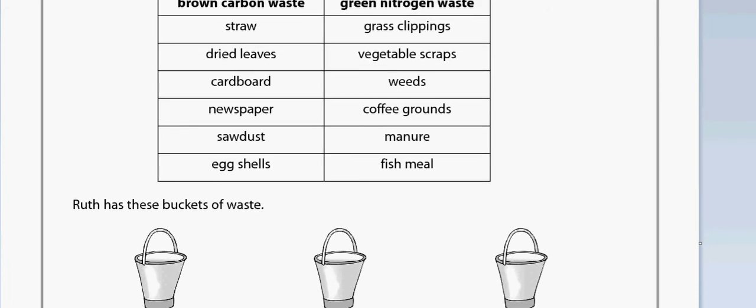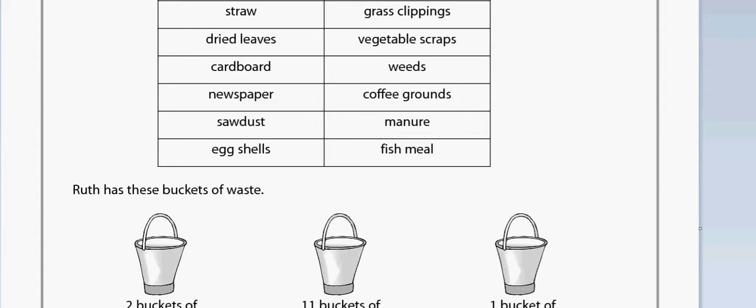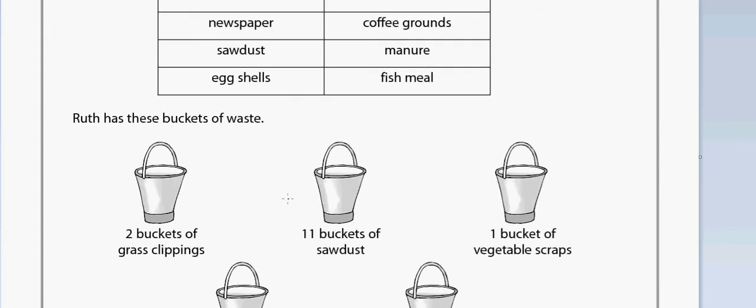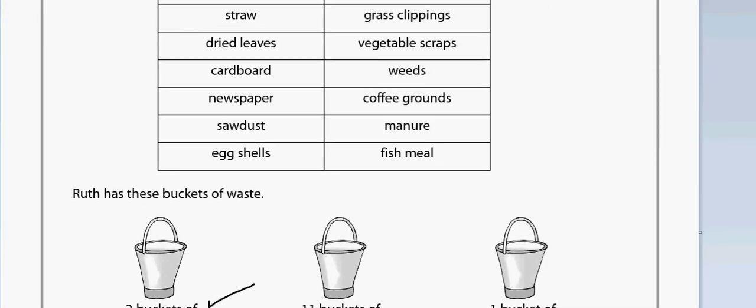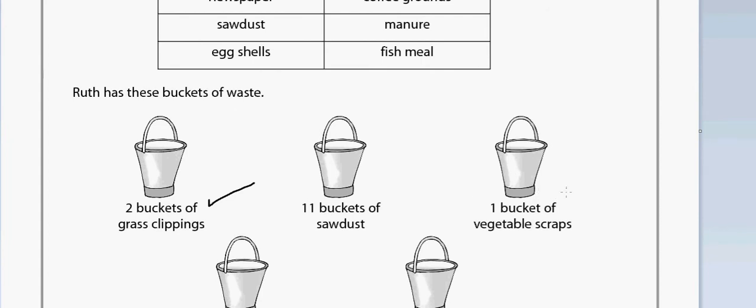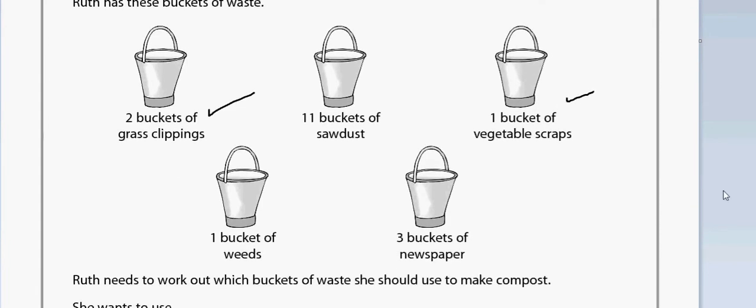Now, green nitrogen waste is grass clippings, vegetable scraps, weeds, and so on. Grass clippings, that's green. Vegetable scraps, again, this is green. And weeds are also green.